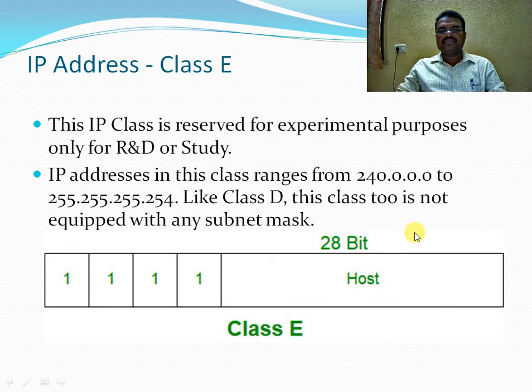Like class D, this class is not equipped with any subnet mask. So class D and class E do not have any subnet mask. Out of 32 bits, the first 4 bits are set to 1111, and the remaining 28 bits are used for host ID.